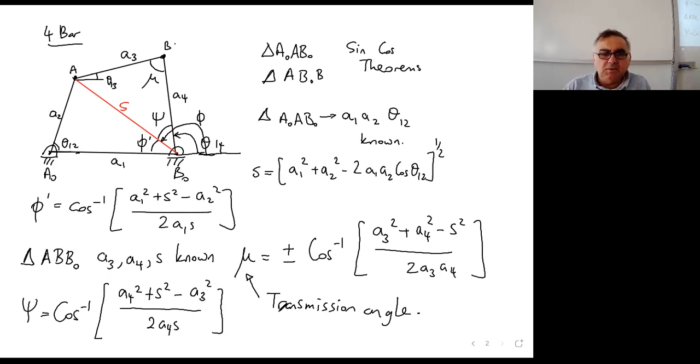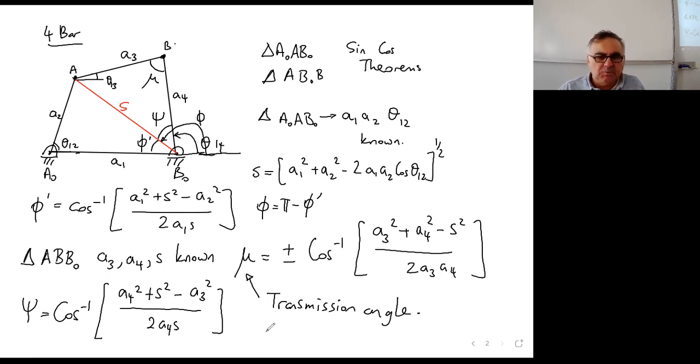Okay, now what we want to do in this mechanism, as you know, is to find theta 1,3 and theta 1,4. There's one more thing I didn't write here: phi is equal to pi minus phi prime. I will skip this.